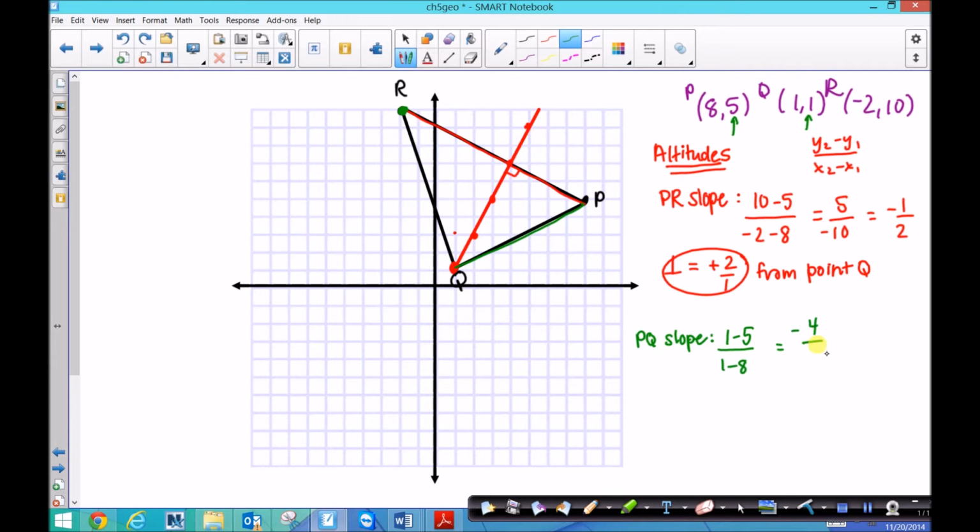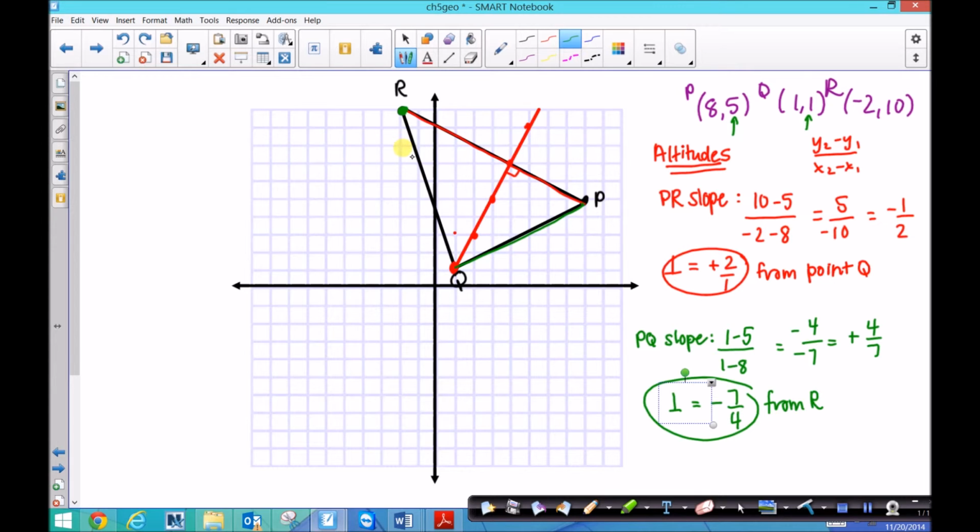That's going to give us a negative 4 over a negative 7, which simplifies to positive 4 over 7. So our perpendicular slope would be negative 7 over 4. And that slope we're going to use starting at point R. So we touch point R, and we need to go down 7 and right 4.